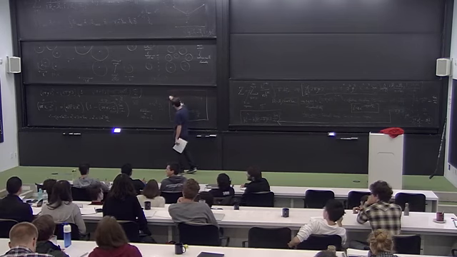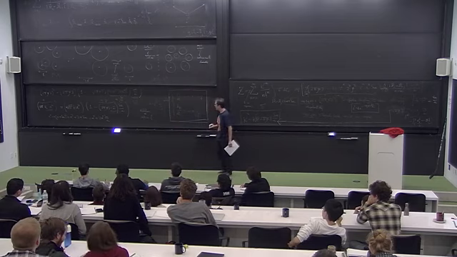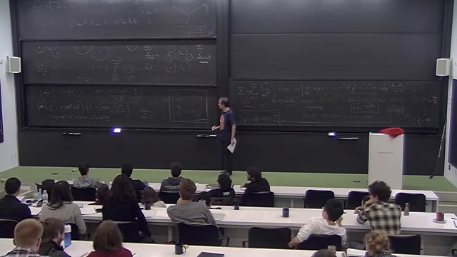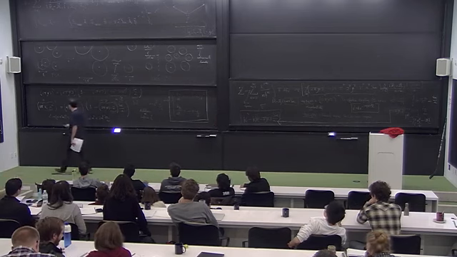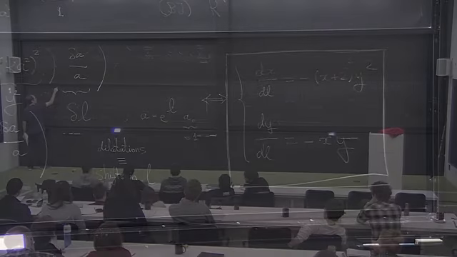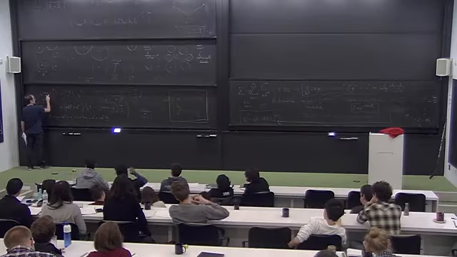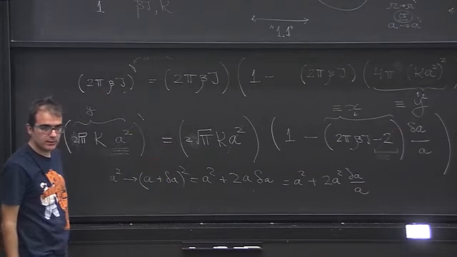Sorry? I don't agree that there's a square somewhere, but what you have here is x prime is x plus... This is what happens when I change a plus delta a. So this term minus this term is the derivative with respect to delta a. Right?